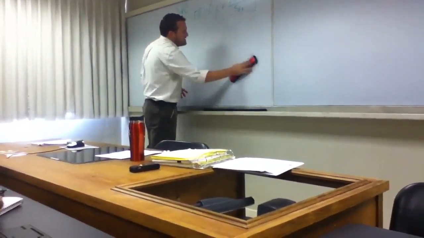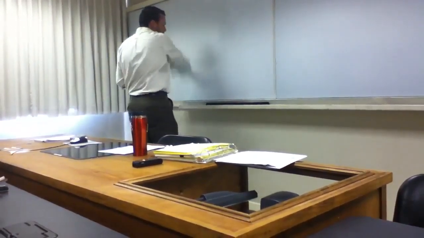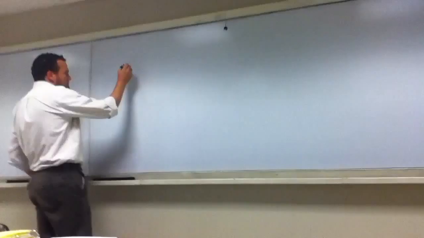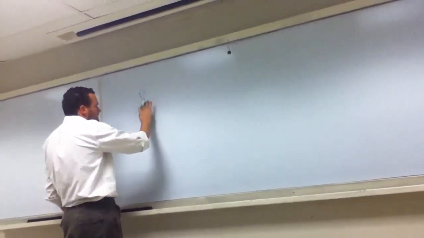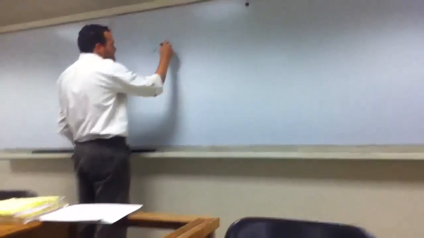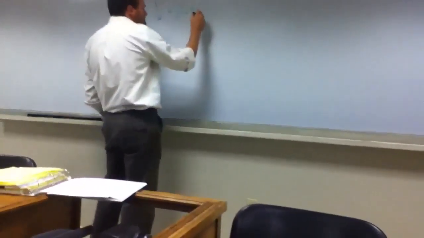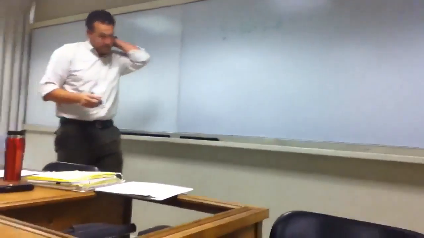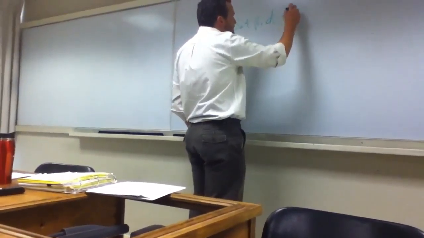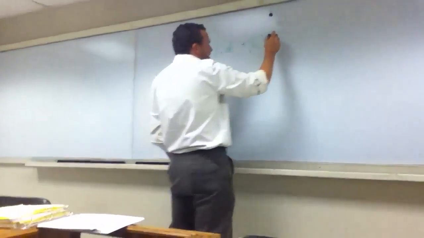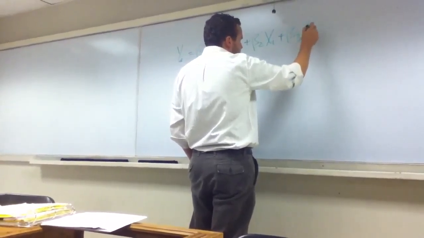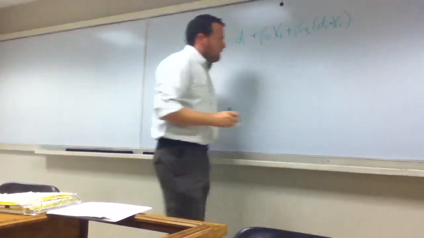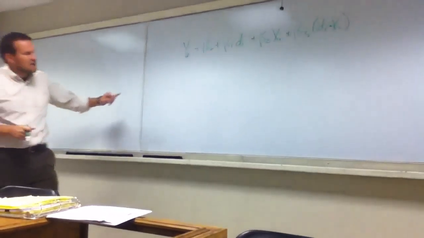To illustrate, we have the following model. Let's say yi equals, and di is some dummy variable, times xi. Remember, di is a dummy variable.